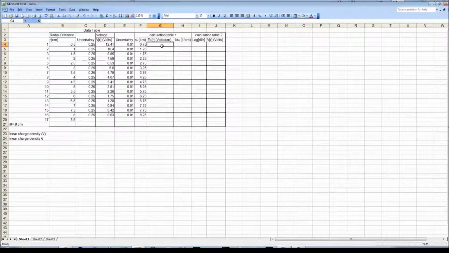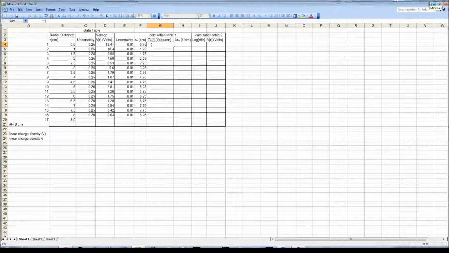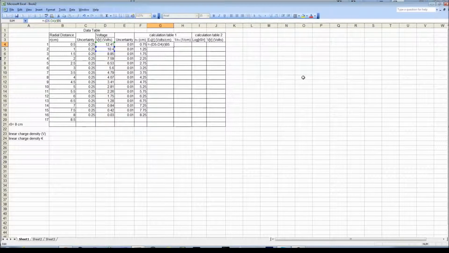And now we will need to find our electric field, which is volts over centimeters. We would do so with the formula negative Vn plus 1 minus Vn over Rn plus 1 minus Rn. So, equals negative D5 minus D4 over, that is B5 minus B4.